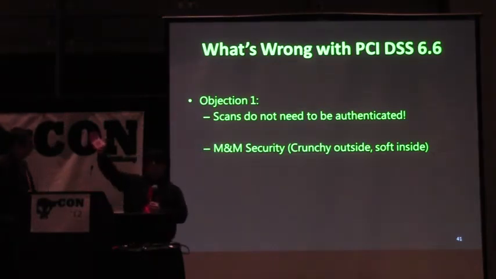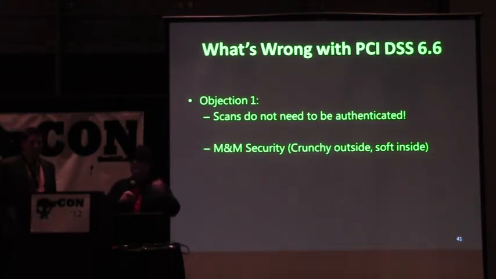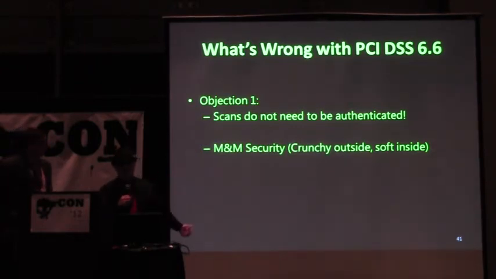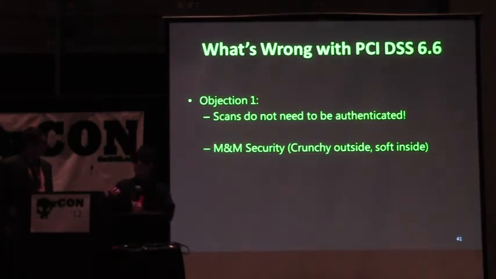So how many of you have gone to a website where it says create your own account, and then you create your own account, and you're dropped into the full version of the site that's tied to your account? Well, PCI doesn't come flat out and say that if you can do all this stuff, then this has to be an authenticated scan. That's a problem because a lot of times we get this M&M security, right?